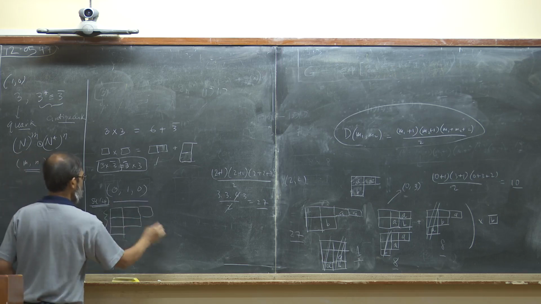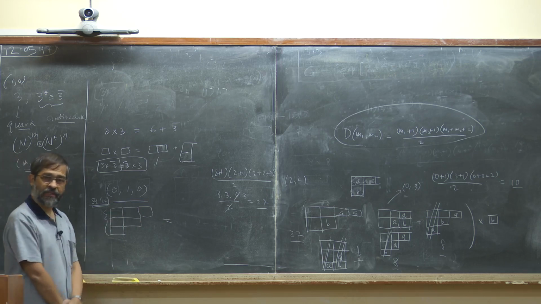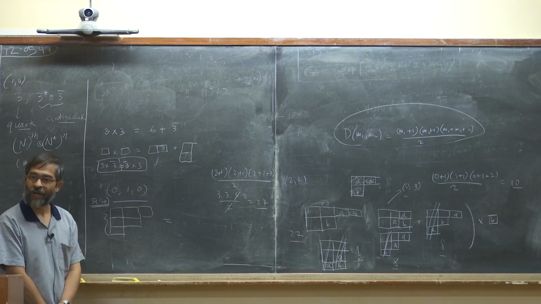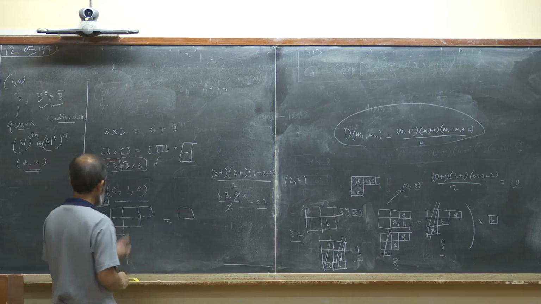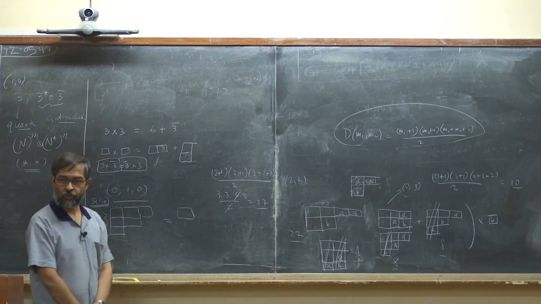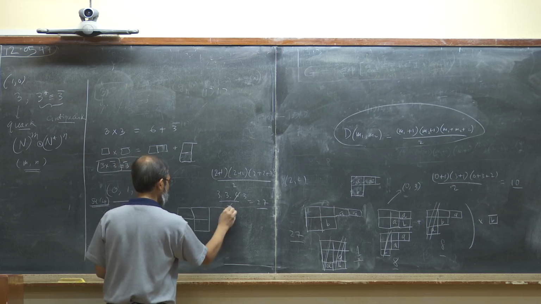The complex conjugate representation of this would be given by the following idea: a column of height 3 is replaced by a column of height 1, 2 is replaced by 2, and 1 is replaced by 3.